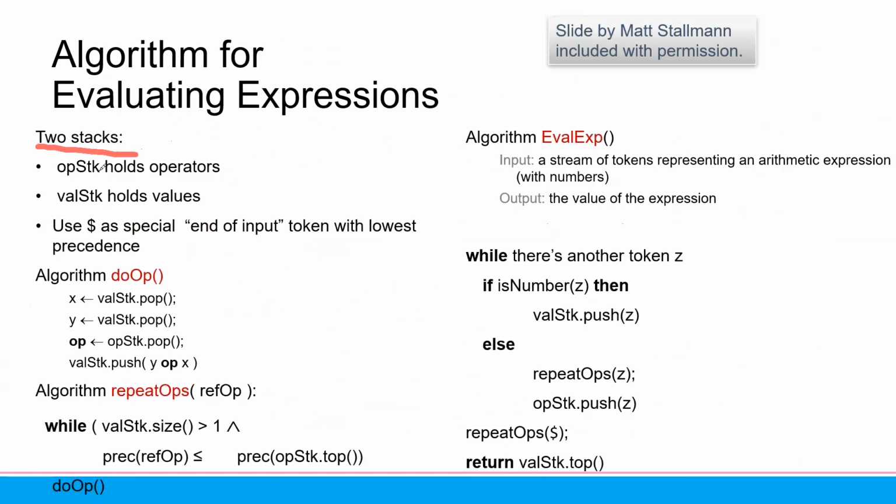For example, the first will be for the operators, or we call it OPSTK. This is the stack for operators. And then we have value STK. This is the stack for the values. So if we have 14 minus 3, then the minus will be for the operators, and the value will be for the variable values.